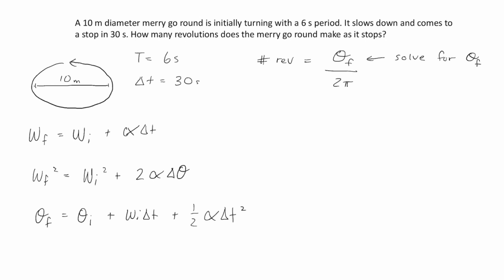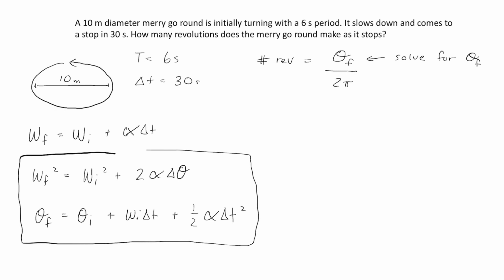And so what I've done is I've written out our non-uniform circular motion equations, and we want to decide which equation we should use. Now we want to use either of these two equations because they include the angular position. But we have to make sure we have all the variables within them. Well, we can figure out the initial angular velocity because we were given the period.